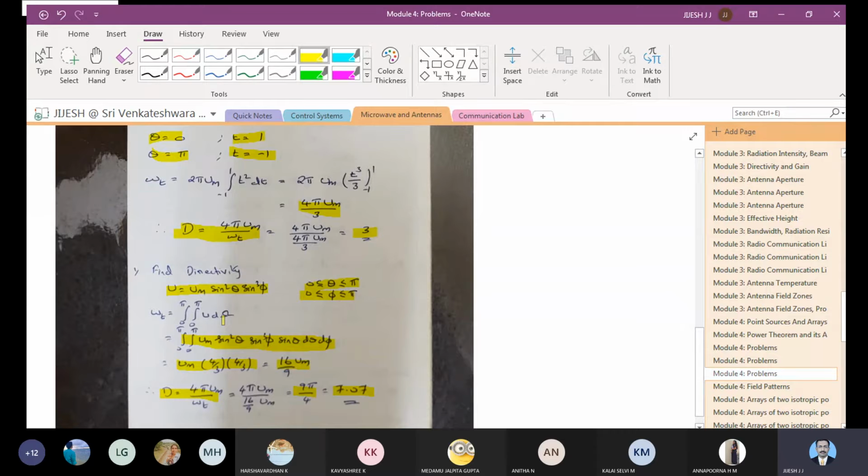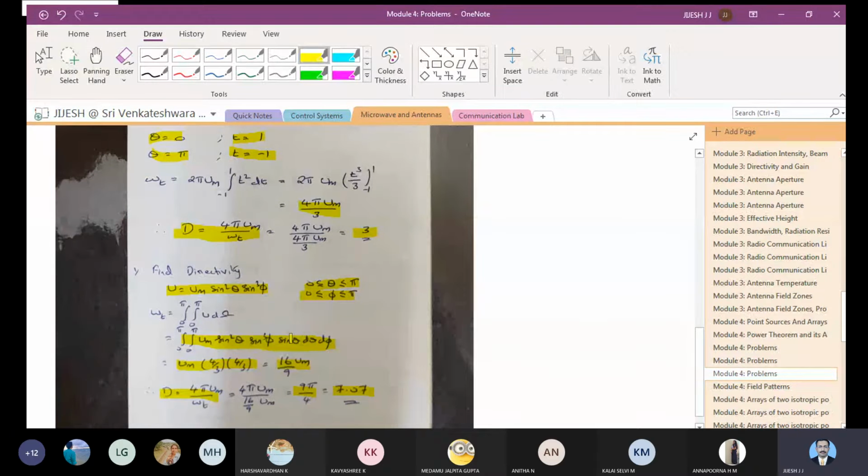So this can be asked to obtain the directivity of the problem. So U is equal to, let me take, Um sine square theta sine cube phi for the limit 0 to pi, and phi also 0 to pi, theta also 0 to pi. So when you integrate for that, you have to do the integration for 0 to pi, 0 to pi, sine square theta sine cube phi, d omega will be substituted as sine theta d theta d phi.